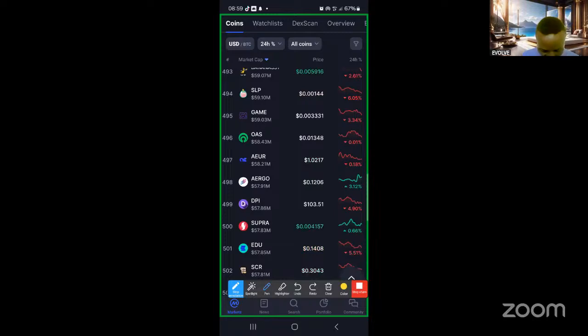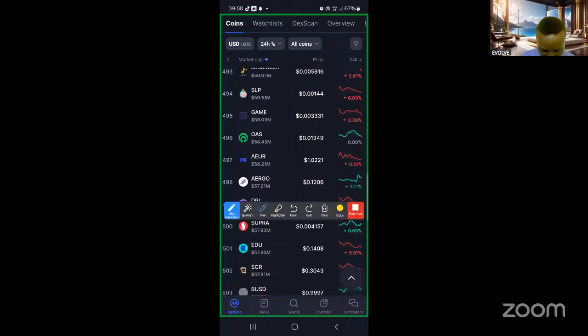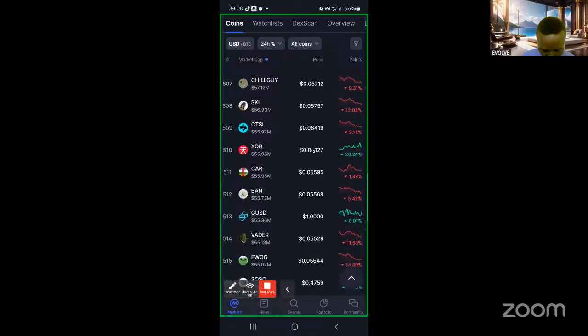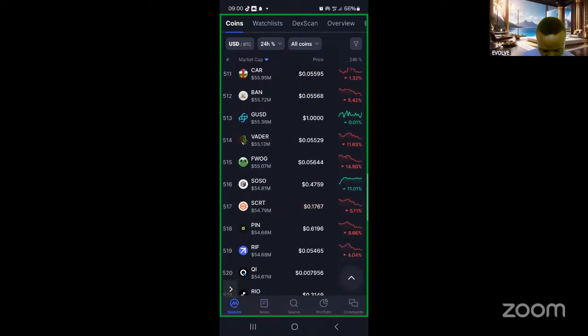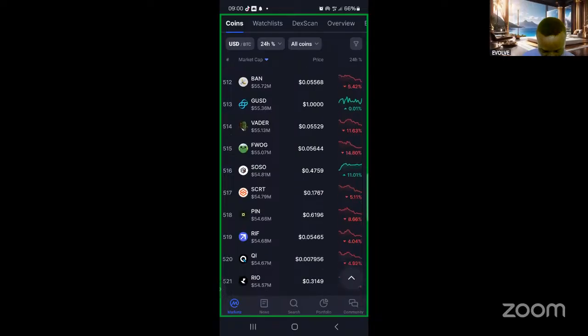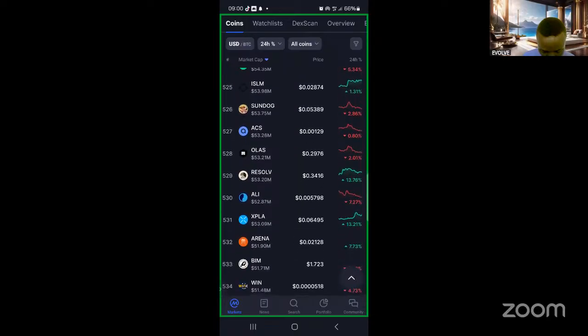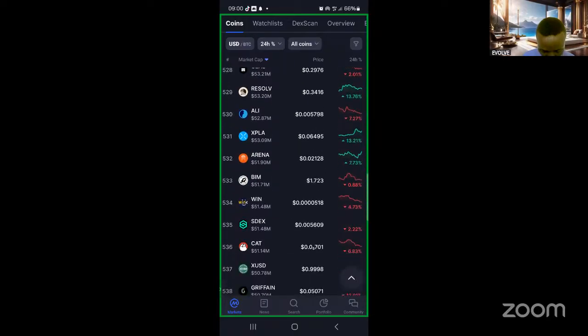So let's take, for example, a coin like SLP. I've not even seen that in Royal Chew. I don't know if it is there. Which coin should we look at here?